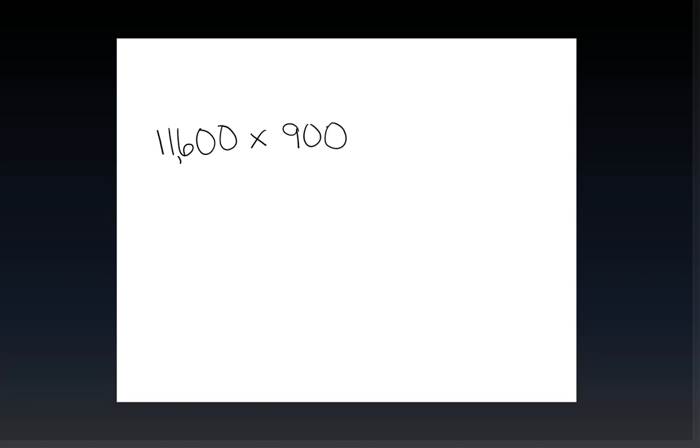Okay, 11,600 times 900. So for a moment, I'm not going to worry about my zeros. I'm going to pretend they're not there. I'm going to look at anything that's not a zero. So on this side, I've got 9. And on this side, I have 116. So that is the problem I need to do first.